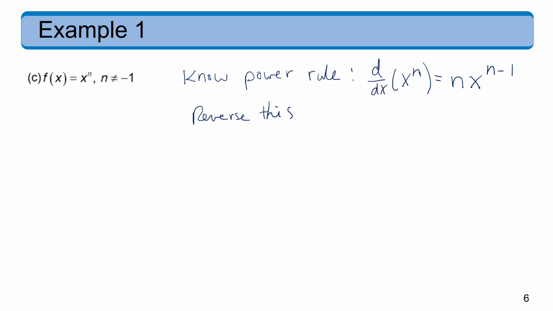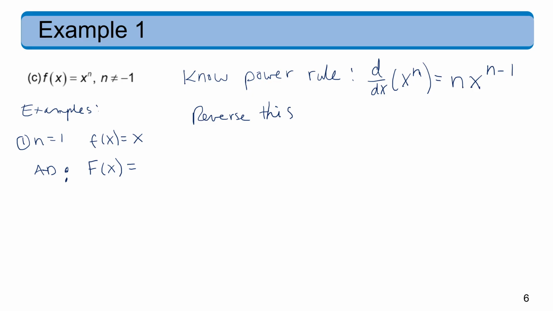So let's take the case where n is equal to 1. So f of x would be x to the first power. Let's find an antiderivative of this. So we want to think of a function, capital F, that when we take its derivative, we get x. So it's going to be some other power function, right?